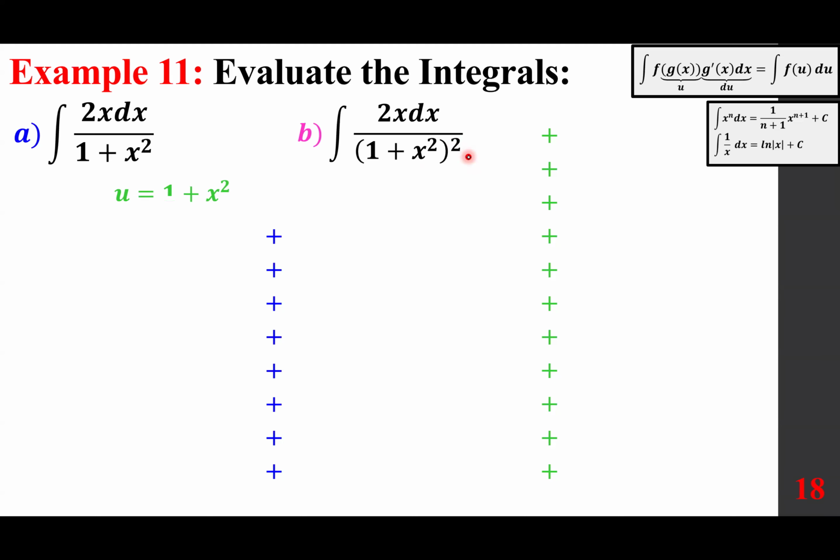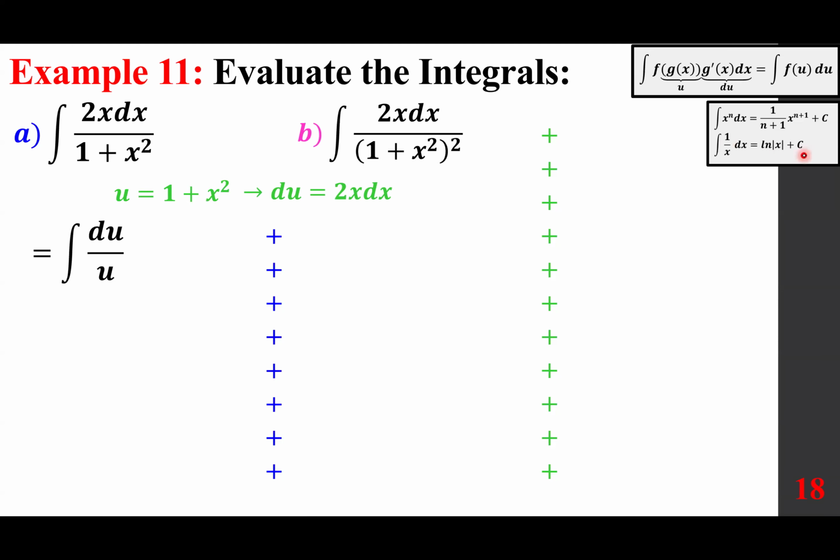And so with that being the case, if u is 1 plus x squared, du dx is 2x, and du is 2x dx. So rewrite it as the integral of du over u.